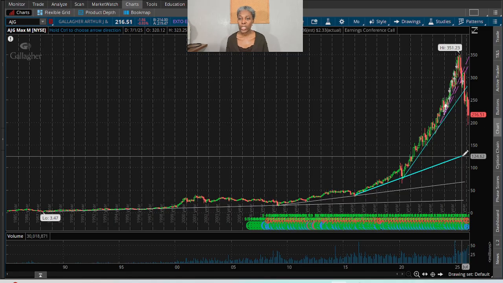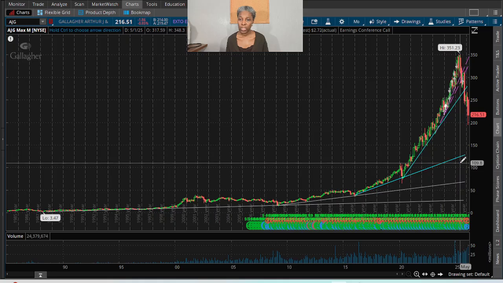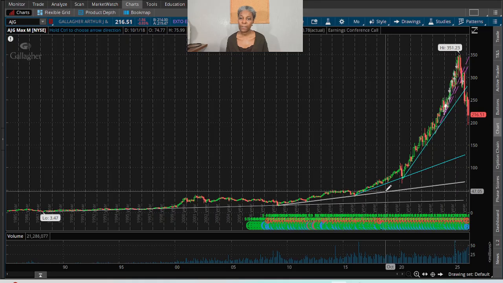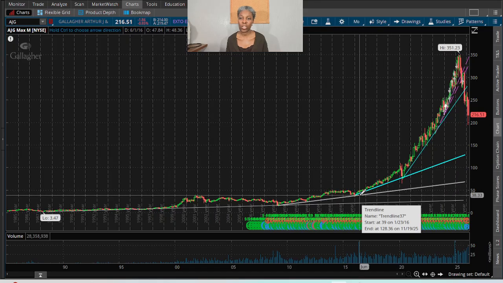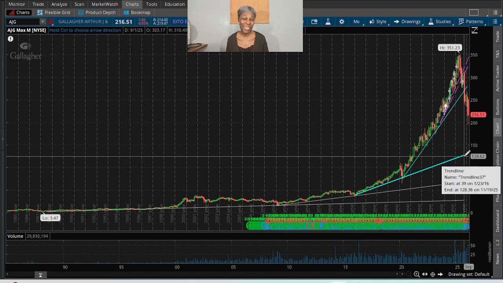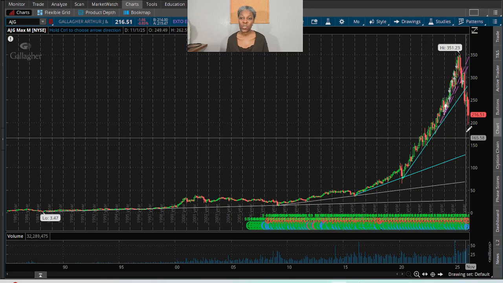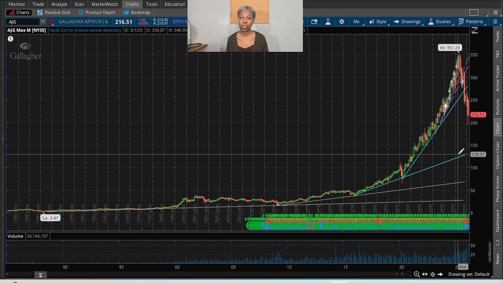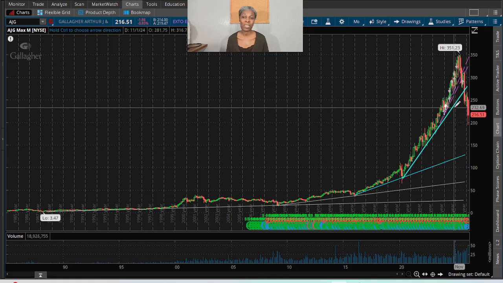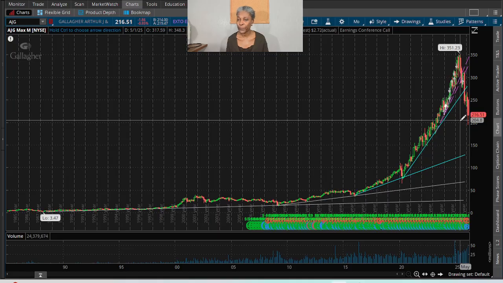So there is a chance it might come down to this area, which is 7, 8, 9, 10 years long. There is a chance it might come down here. There is a chance it may not. At this point, being within those two areas, it is within my buying zone. I can still buy some since I purchased it.